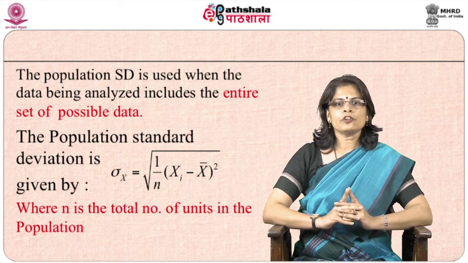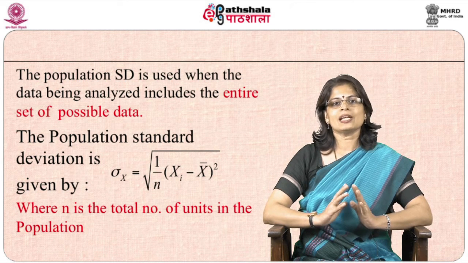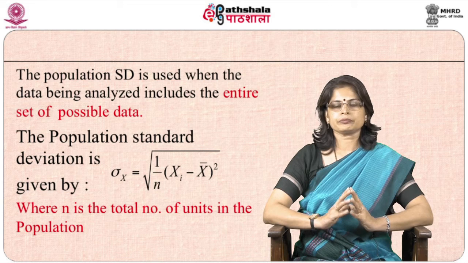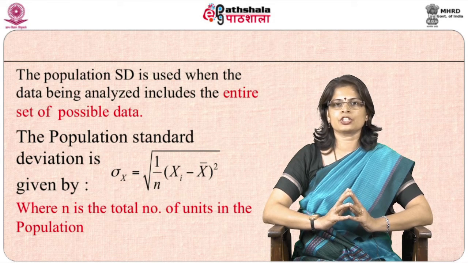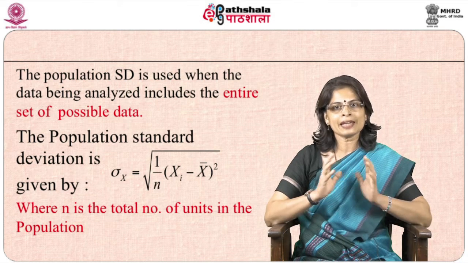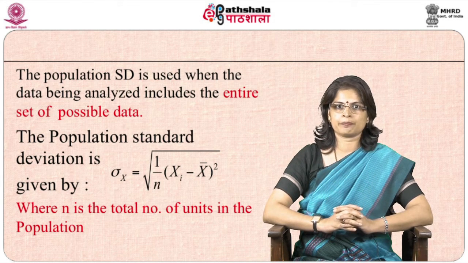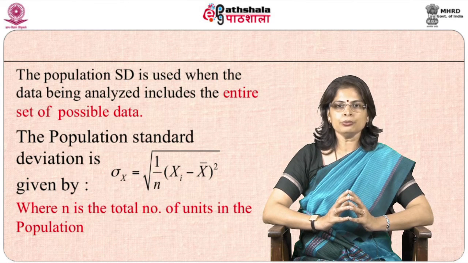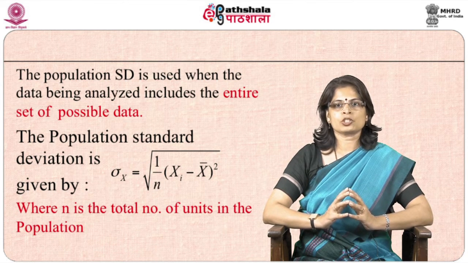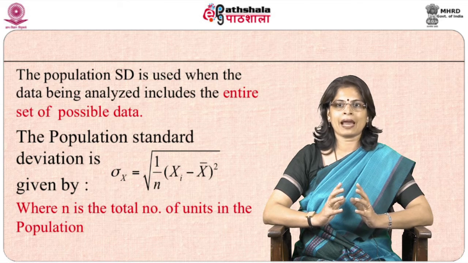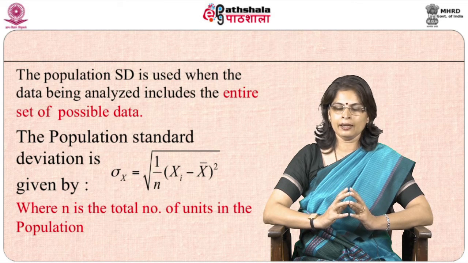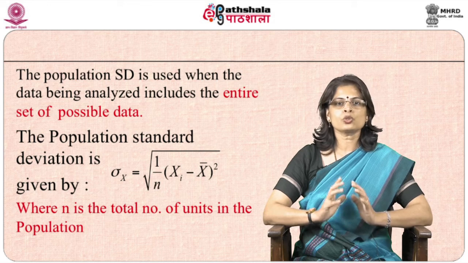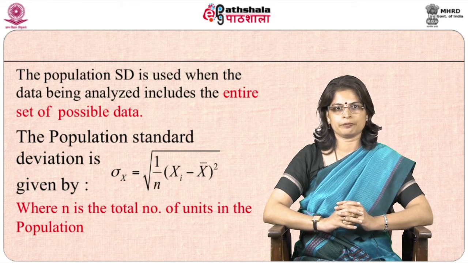Now let us see the difference between population standard deviation and sample standard deviation. The population standard deviation is used when the data being analyzed includes the entire set of possible data values. It is usually given by the formula sigma x equal to under root summation xi minus x bar bracket square upon n, where n is the total number of units in the population.